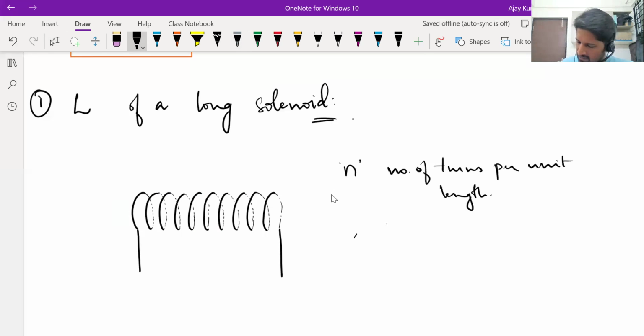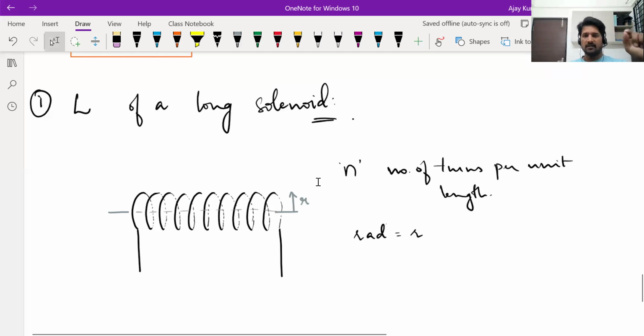Assume its radius is r. We care about the radius because we need to write an expression for the magnetic flux when current passes through it.